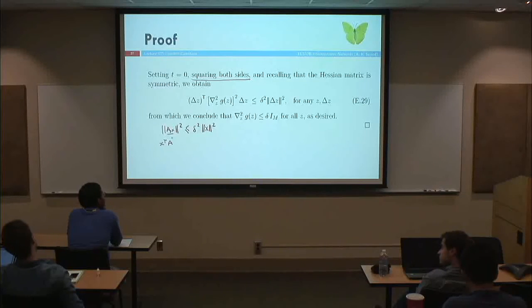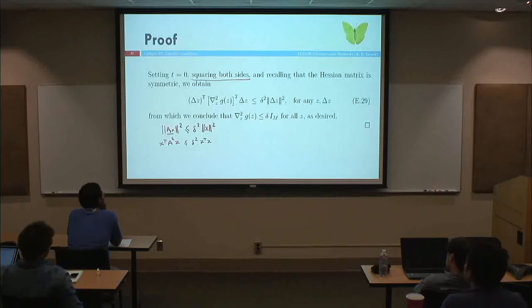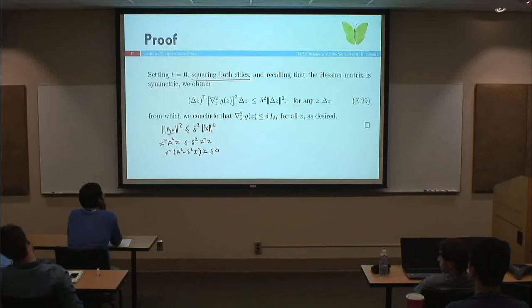Times Ax, so this becomes x transpose A squared x, which is less than or equal to delta squared x transpose x, right? So this tells you that x transpose, A squared minus delta squared I, x is less than or equal to 0 for any x.